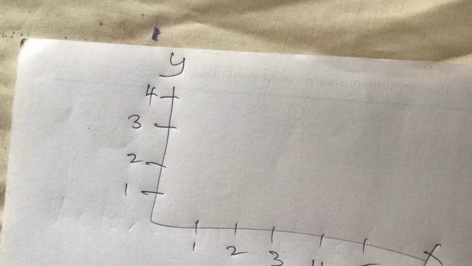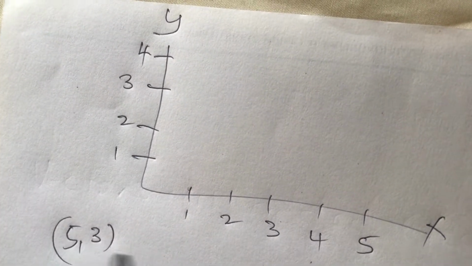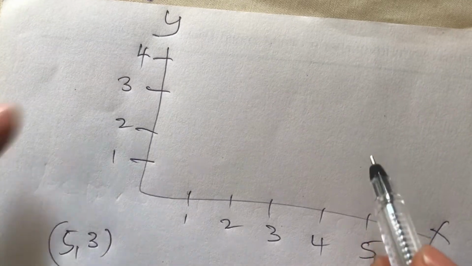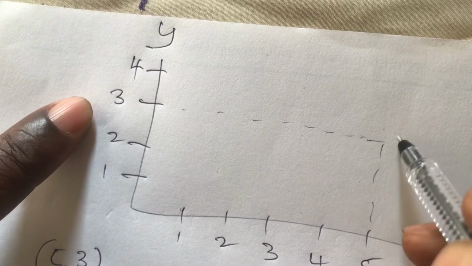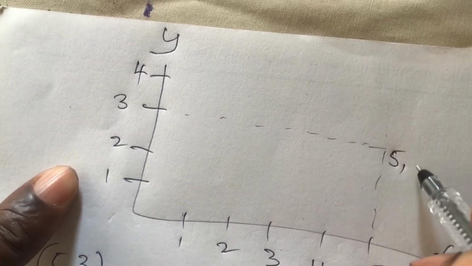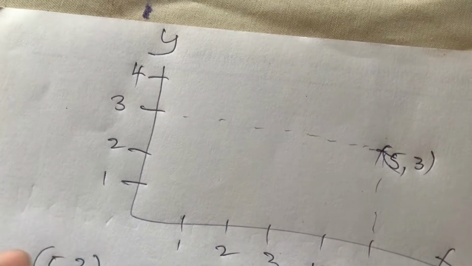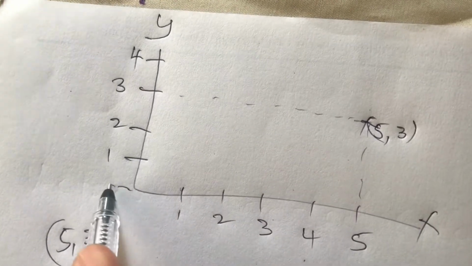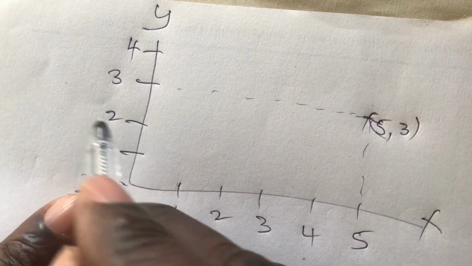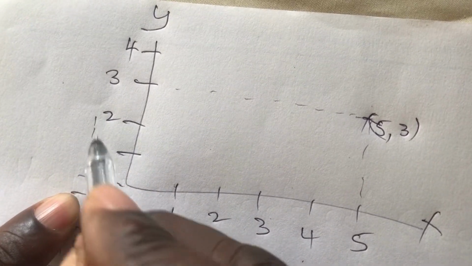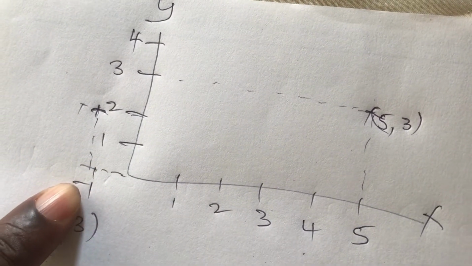The first coordinate is (5, 3), which means x is 5 and y is 3. Perpendicular dropping. This is (5, 3). The second coordinate is (-1, 2), that is x is -1 and y is 2. So the second coordinate, perpendicular dropping, this is the second coordinate.